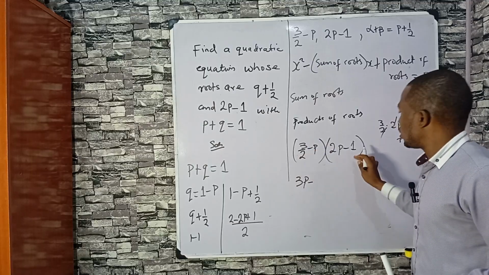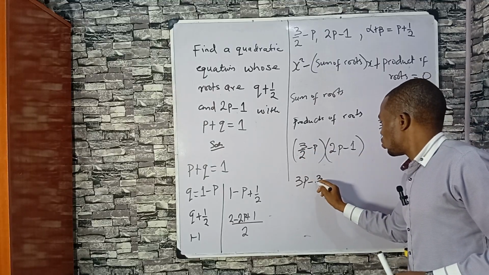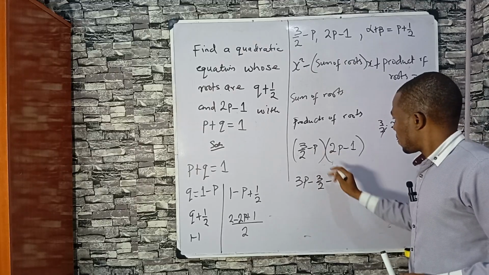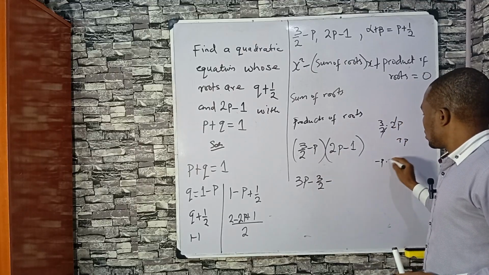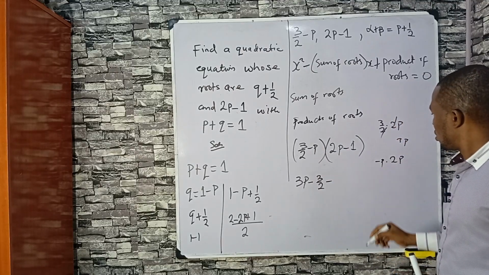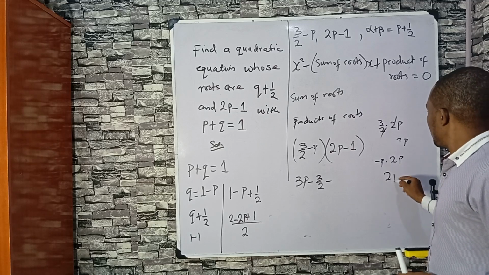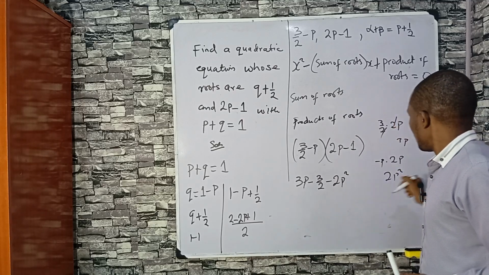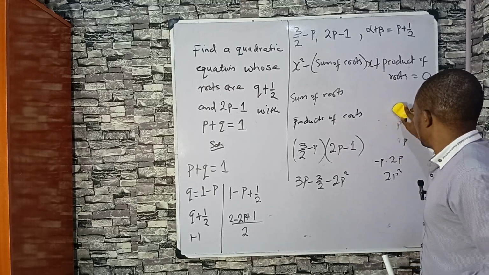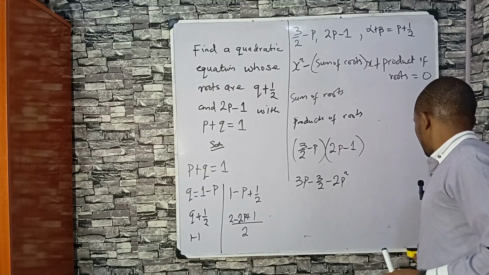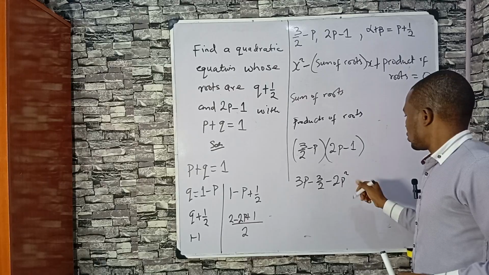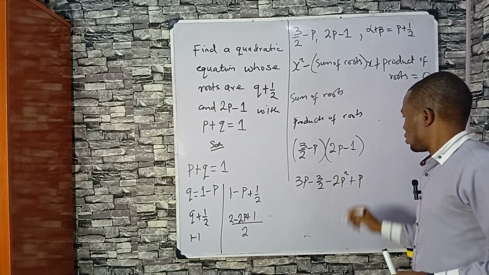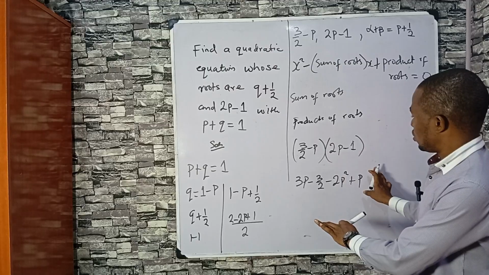Multiply anything by 1, it will be that same thing. So 3 over 2, minus. Multiply this by this: minus p times 2p, which is minus 2p squared. The last, if you multiply this, minus and minus is plus. The p times this gives you p. We are done with this.